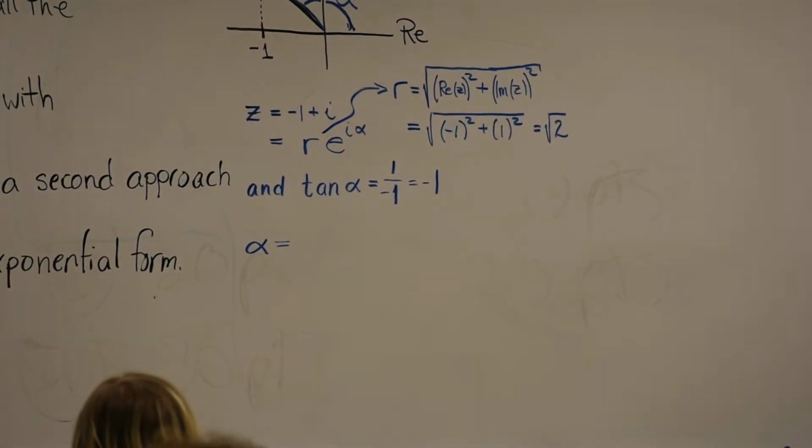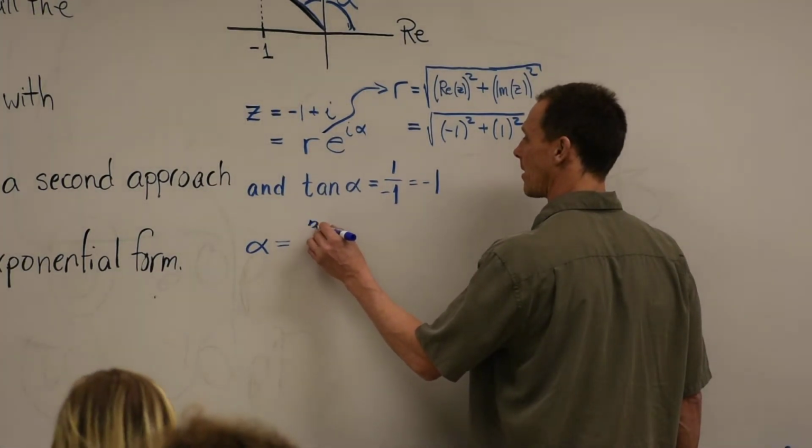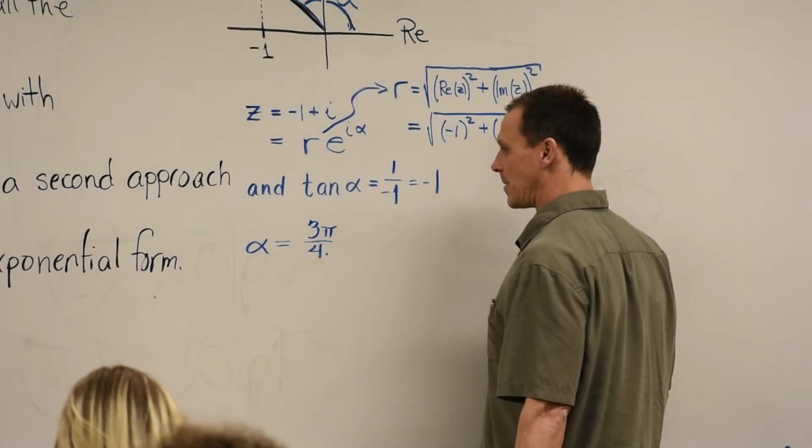And what would alpha be in this problem? Yes, and let's use radians, because we already have some radians, so let's be consistent. 3 pi over 4, okay.